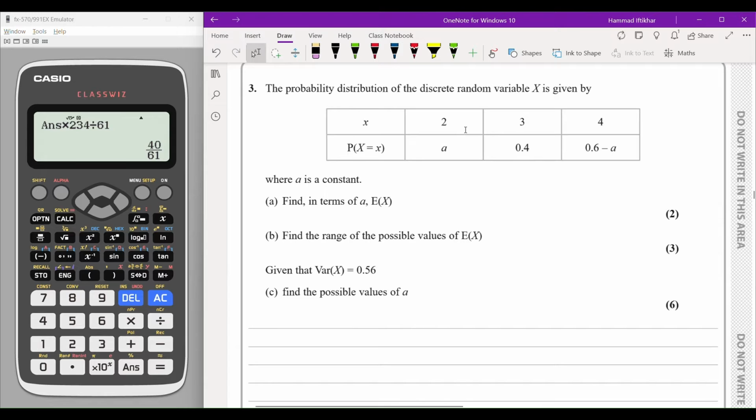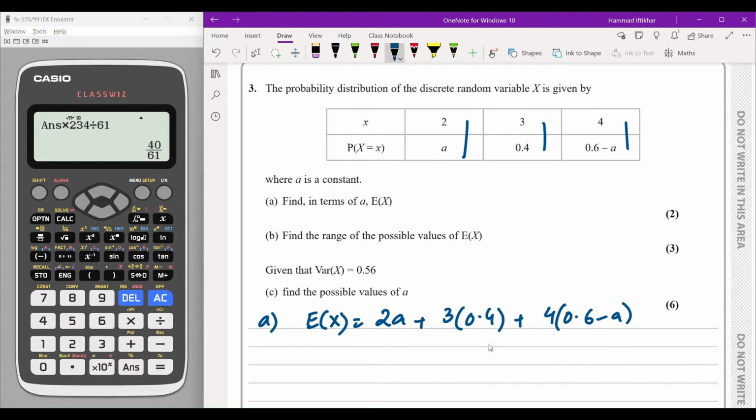The probability distribution of the discrete random variable x is given by, where a is a constant. Find in terms of a the expectation of x. So E of x can be written as this multiplied by this, this multiplied by this, this multiplied by this, and then added up together. So 2 times by a plus 3 times by 0.4 plus 4 times by 0.6 minus a.